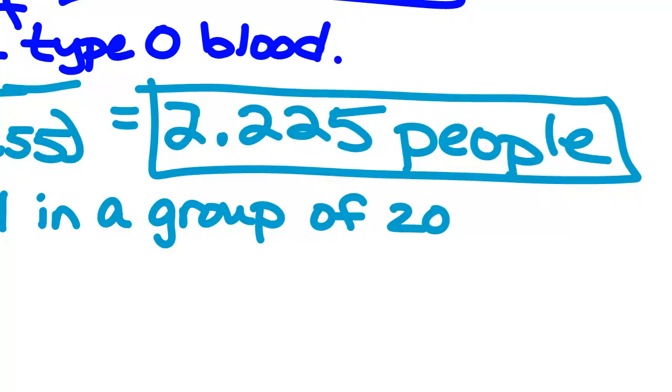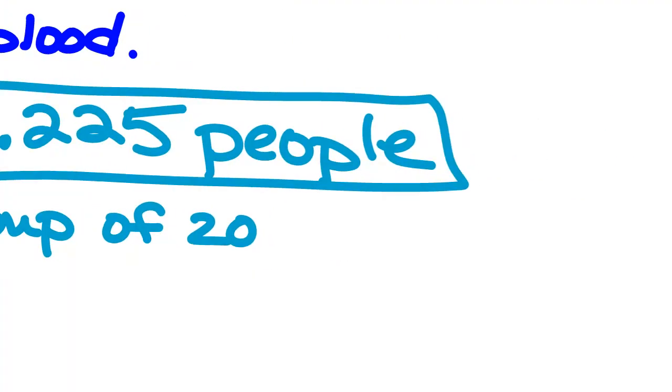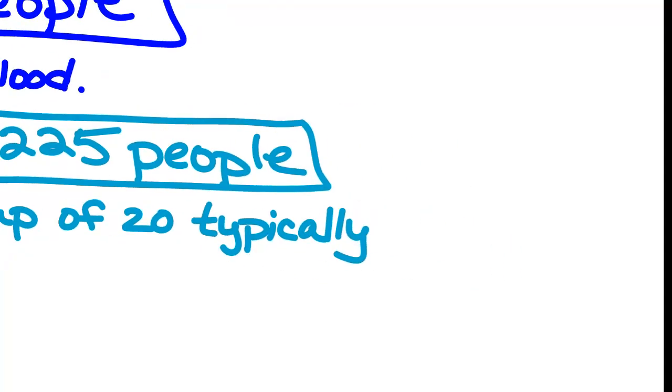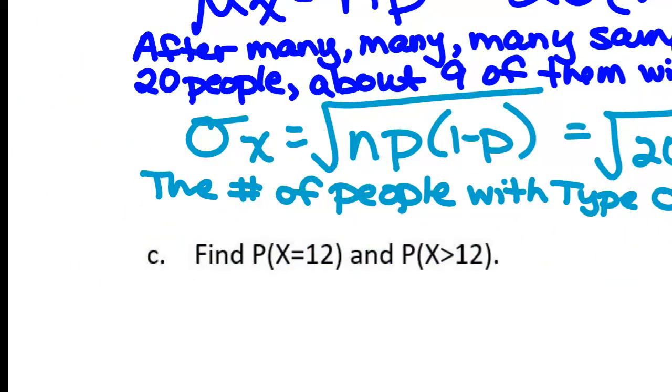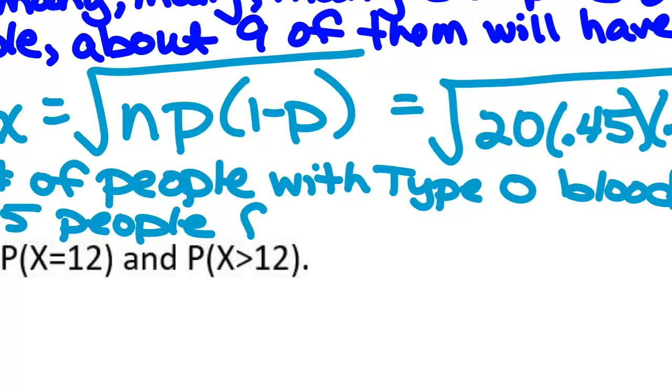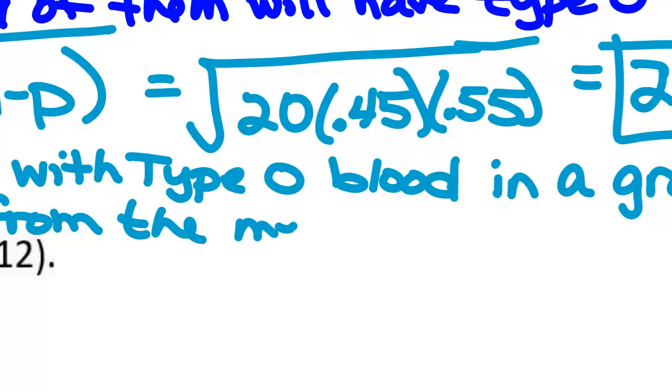So the number of people with type O blood in a group of 20 typically varies by 2.225 people from what? Yes. From the mean or the average of 9 people.